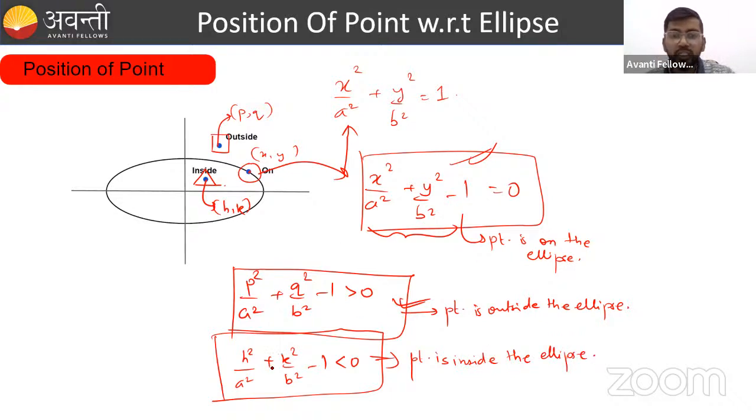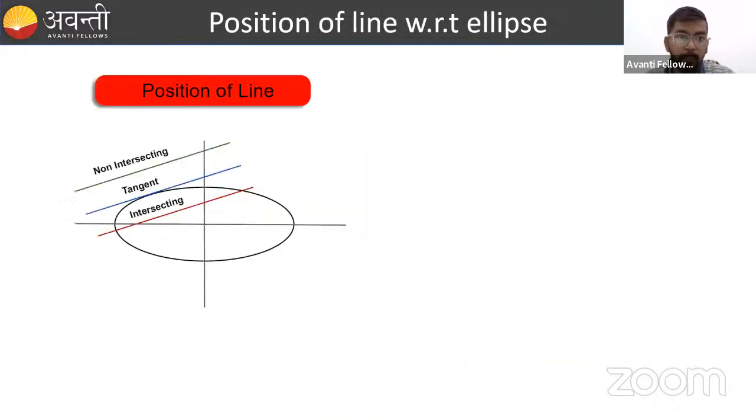So these are the three conditions. When this value is positive, the point is outside. When it is equal to 0, it is on the ellipse. When it is negative, it is inside the ellipse. If you remember these three conditions, you can say whether the point lies on, inside, or outside the ellipse.